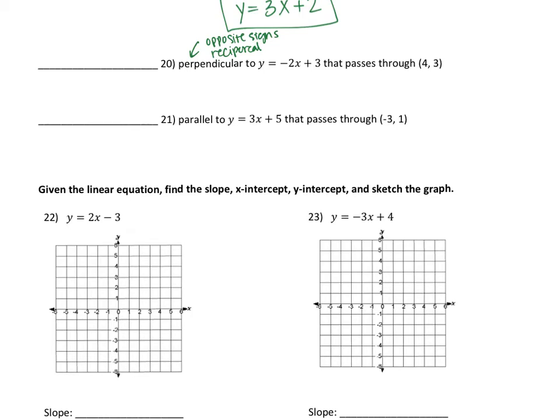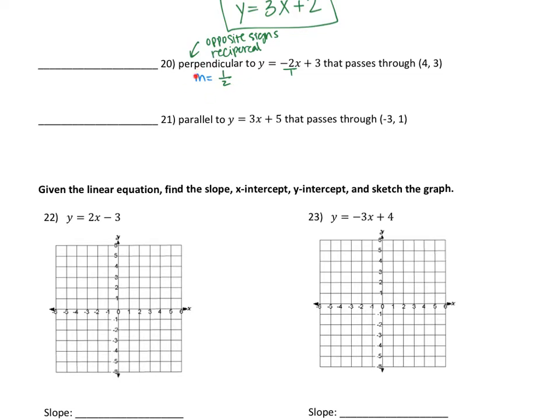So if your slope for this one here, you can see the slope here is negative 2. But if you want the perpendicular to that slope, that means you need a positive number. And think of this as negative 2 over 1. You can always put a number over 1. If you were to take the reciprocal of that, that would need to be 1 over 2. So you flip that fraction, so it becomes 1 over 2, and it needs to be a positive.